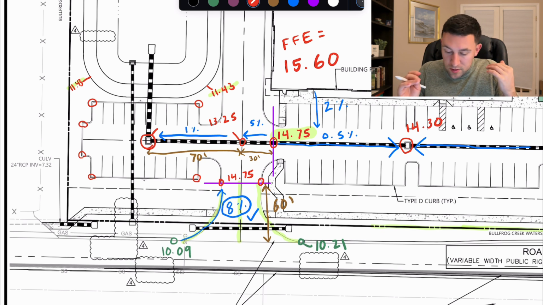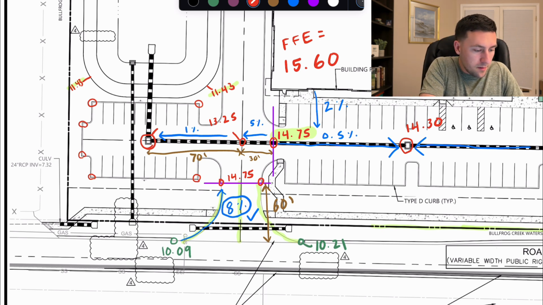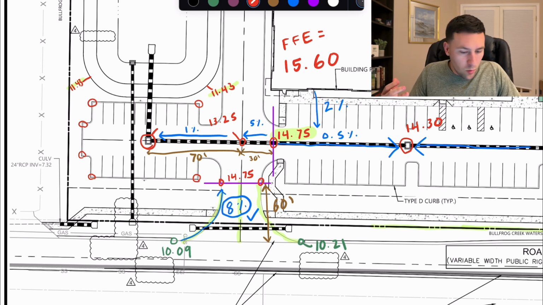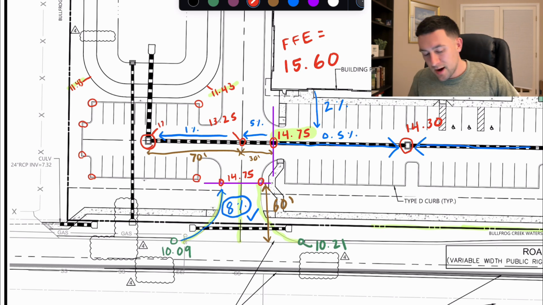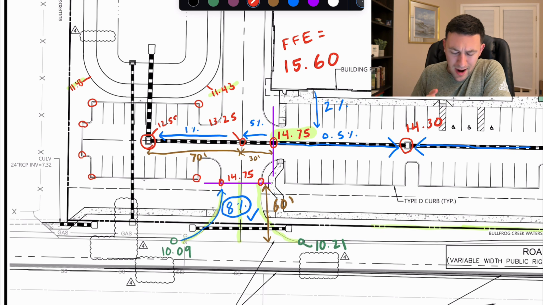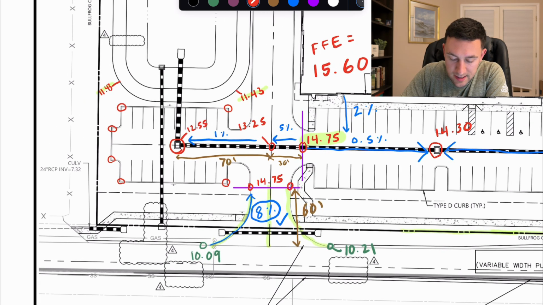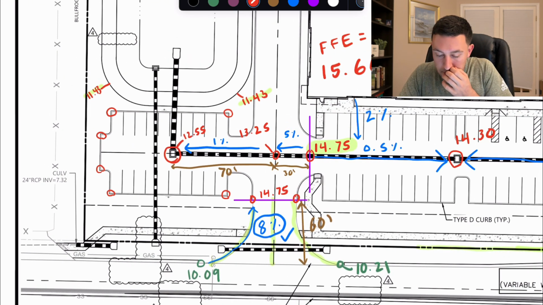So we're going to do 13.25 minus 70 times 0.01. That gives us a grade of about 12.55, which is way better than where we were at. We were at like 14. We're 2 feet higher, which ends up being definitely a little bit better, because once we start grading these high points right here, we're going to be in a way better spot.